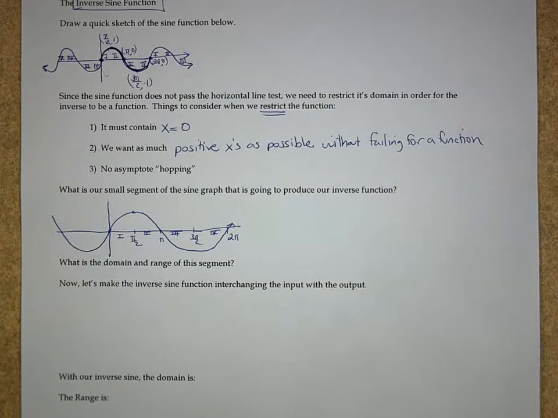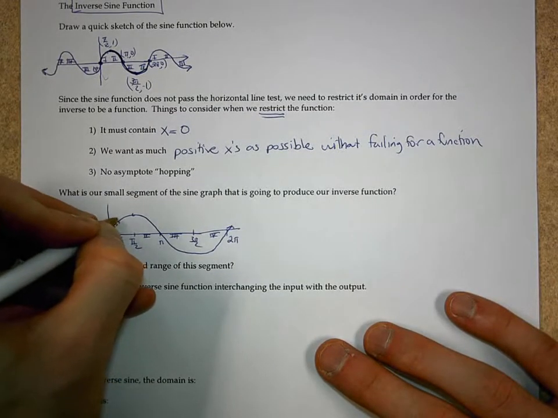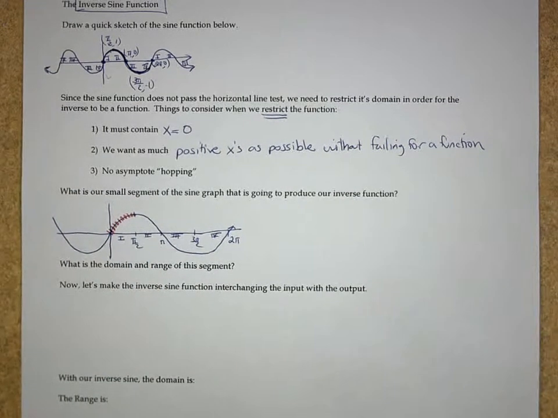So we're going to start with the point 0. And I'm going to continue to work to the right until I fail the horizontal line test, because I want this graph to be a function. So starting with 0, I'm going to head to the right until I would fail the horizontal line test.